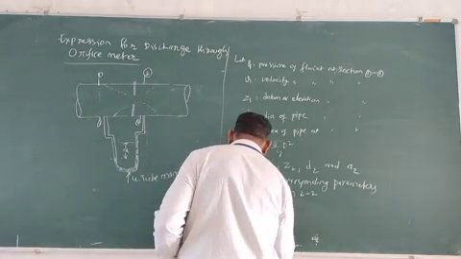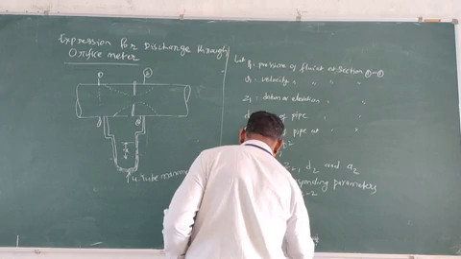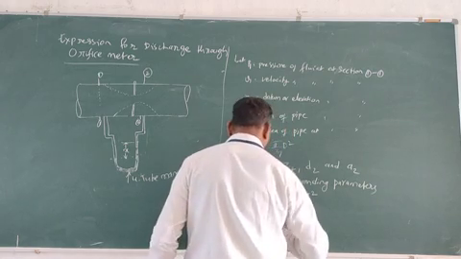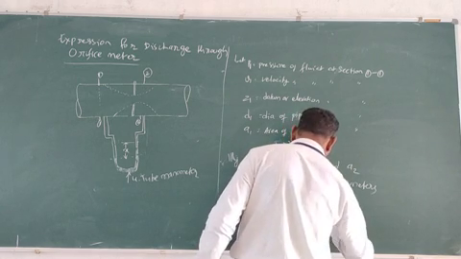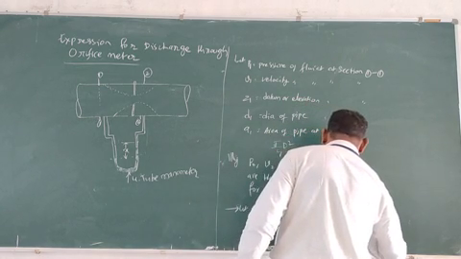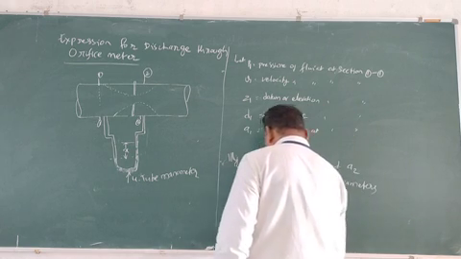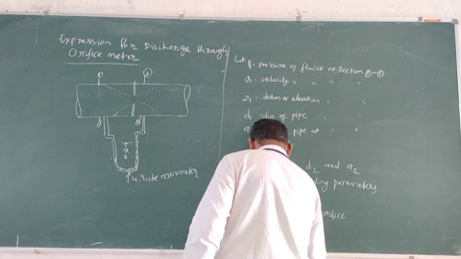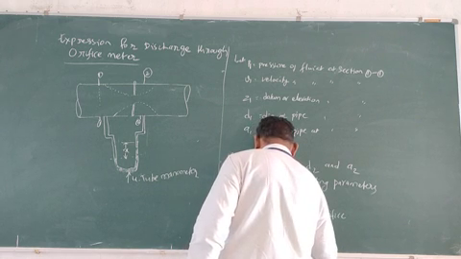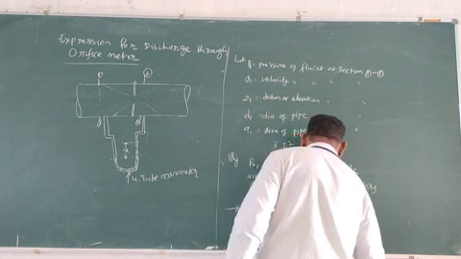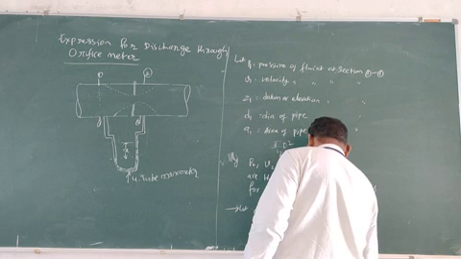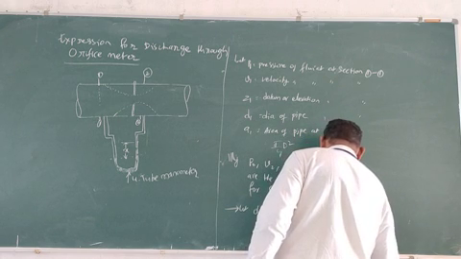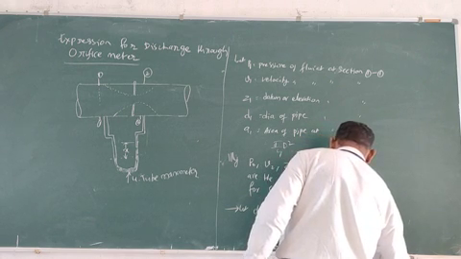And also let D naught be the diameter of the orifice, and A naught the area of the orifice.